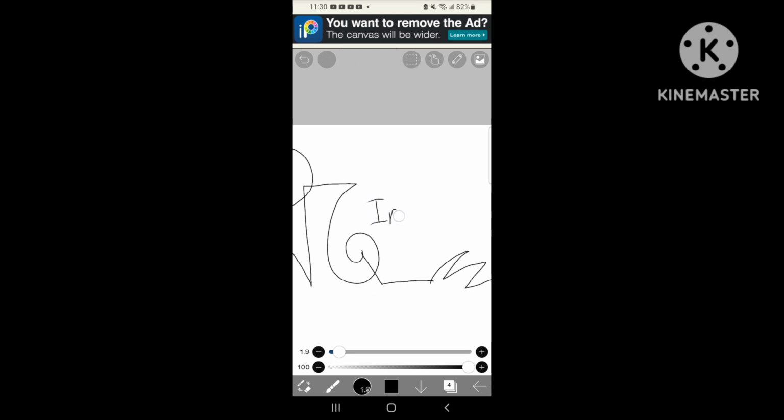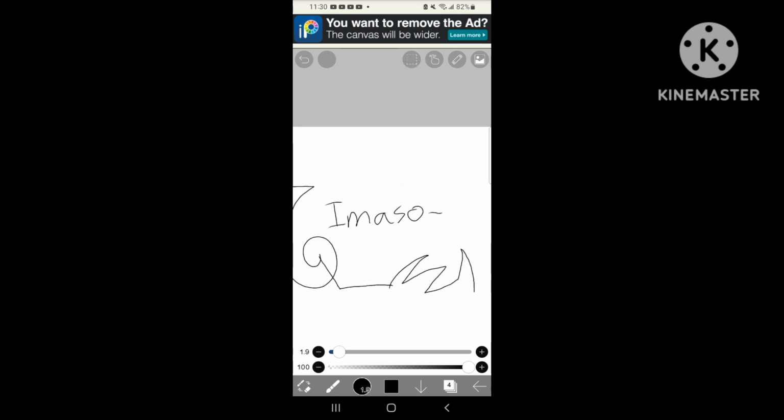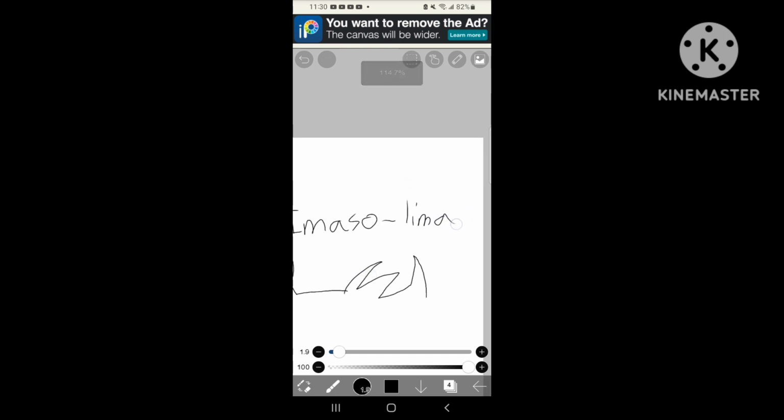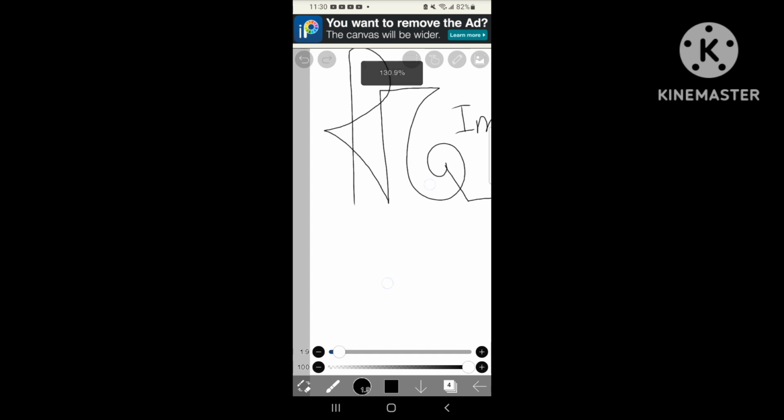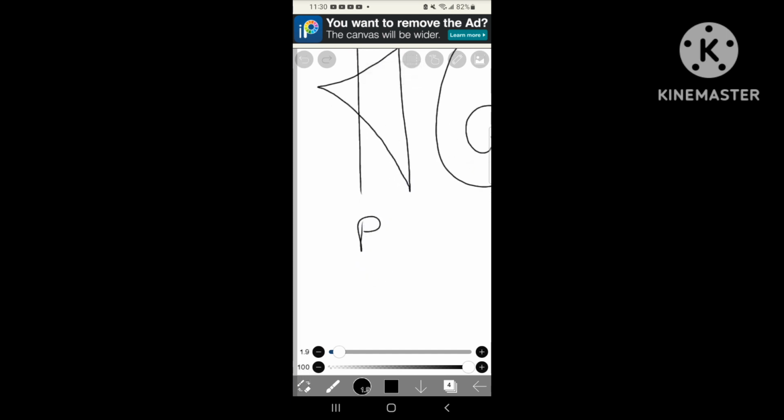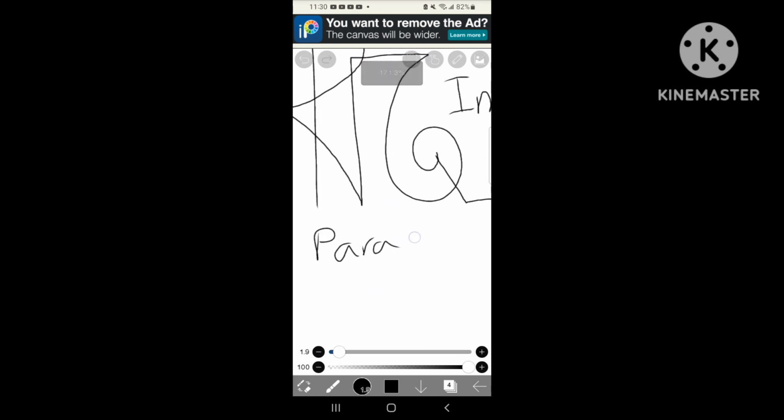And paragraph start is pronounced imaso lema, with paragraph being pronounced imaso and start being pronounced lema.